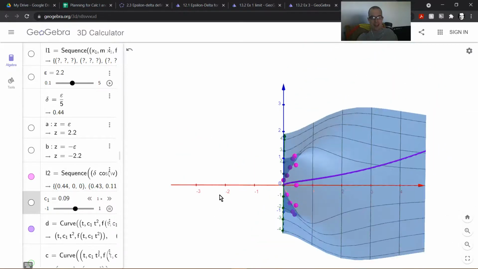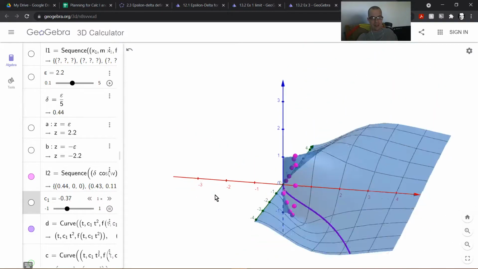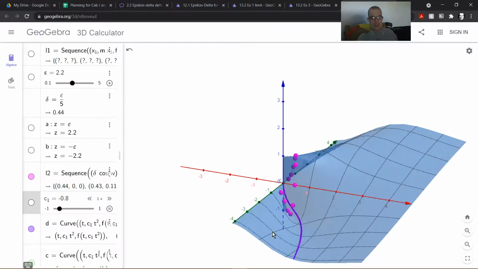But notice that if we look at the z values, as this quadratic path approaches the origin, the z values always approach 0.